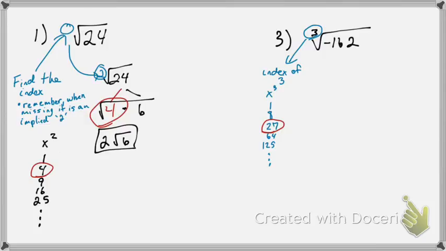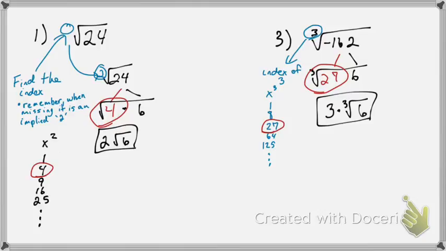Out of those, the only one that divides evenly into 162 is 27, and I know 27 times 6 is 162. So when we take the cube root of 27 times 6, the cube root of 27 is simply 3. 6 is not in our cube category, so the answer is 3 times the cube root of 6.